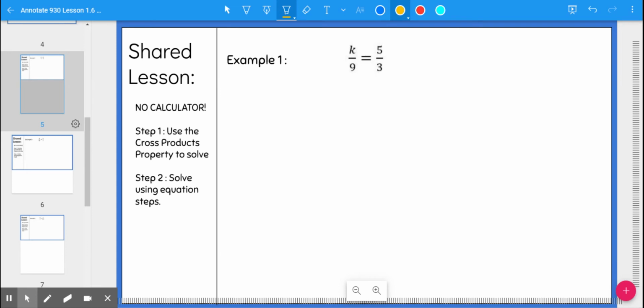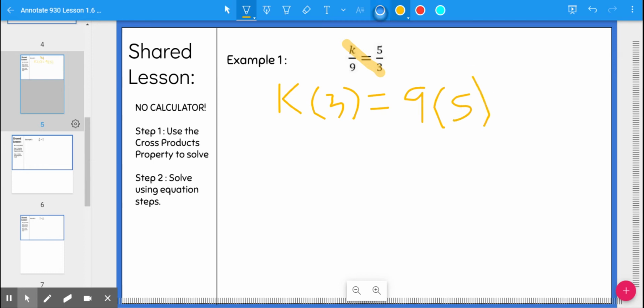Just like in the previous example, we have the product of the means. So we have k times 3 is equal to 9 times 5.